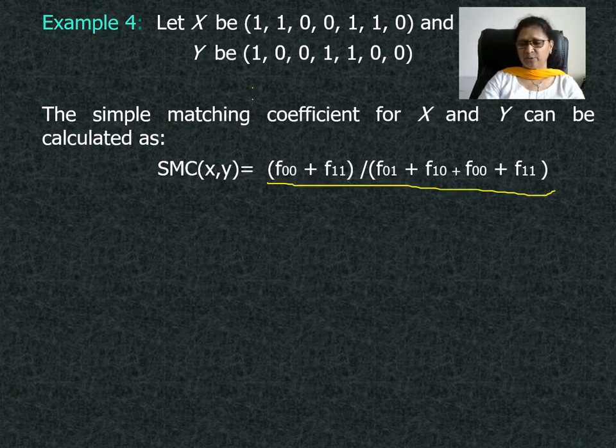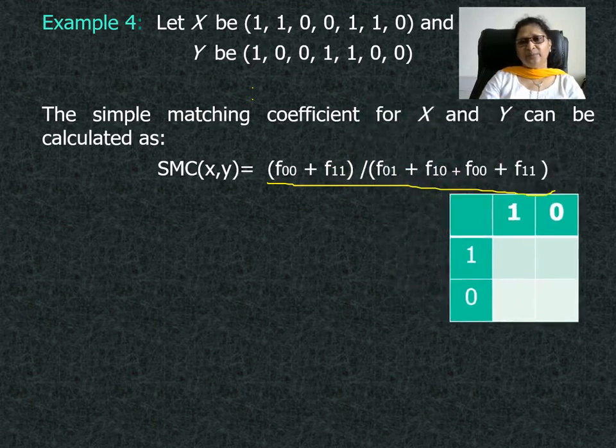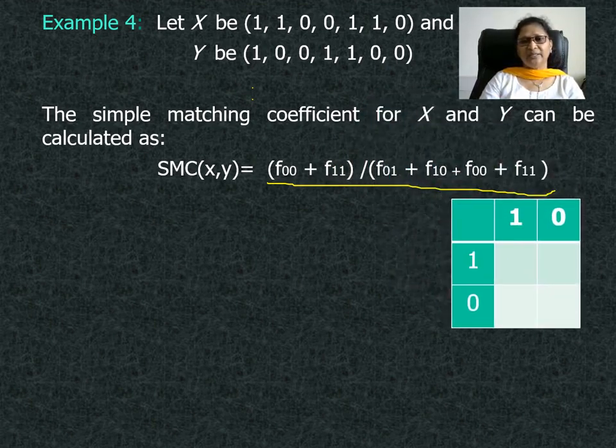So when we substitute values in this, we have to again construct this contingency table, where for 1 1, the value to be substituted here, we have to count the terms where both the values are 1 1. So if you count, we will come to know that here is both 1 1 and here both are 1 1. So the count comes out to be 2.